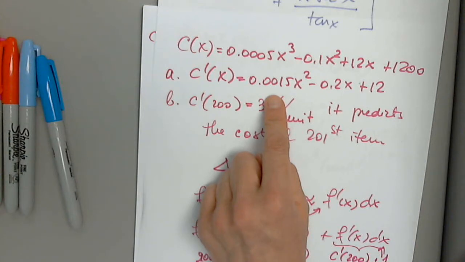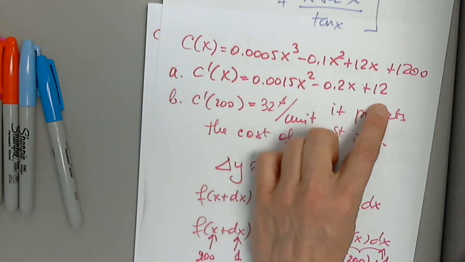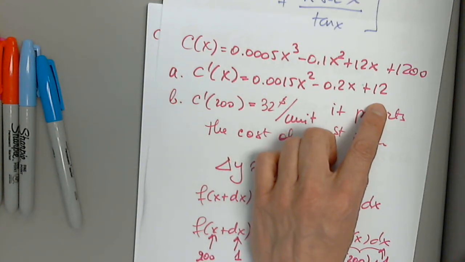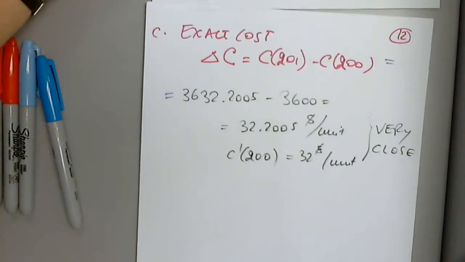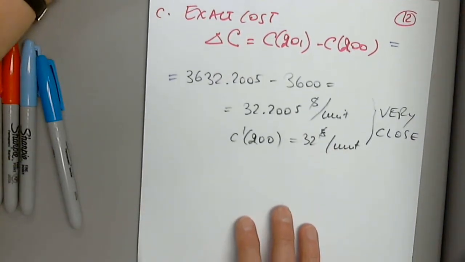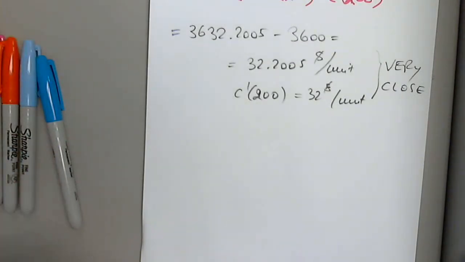So 0.0015 multiplied by 200 squared, minus 0.2 times 200, plus 12. I don't think Braden made an error here. He didn't. So it's 32. Very good. Furthermore, the difference of the exact cost is so close, so I was certain that he was right.